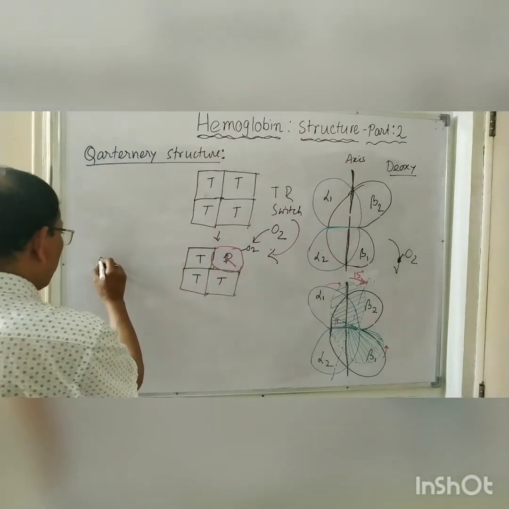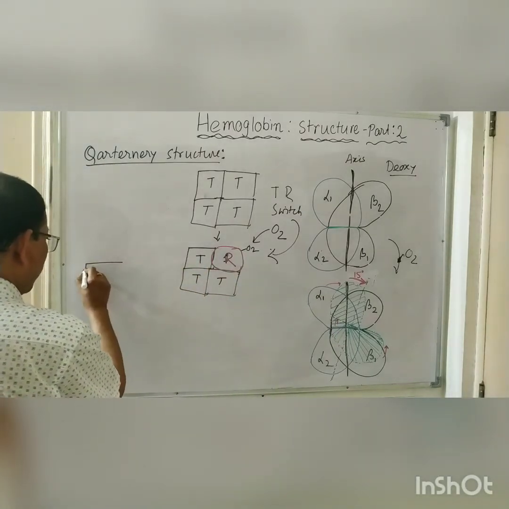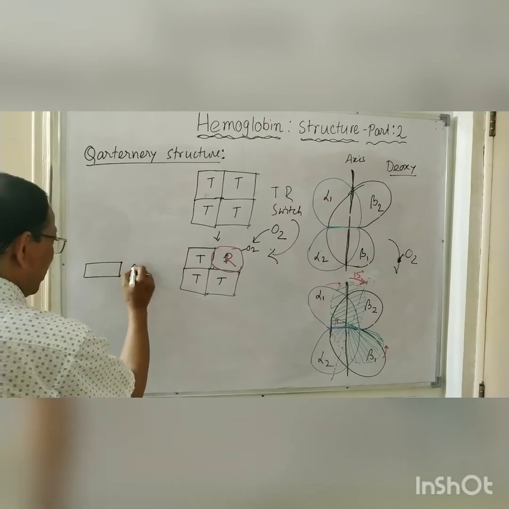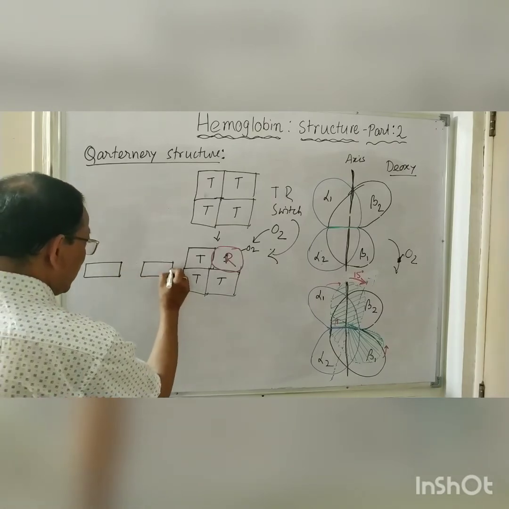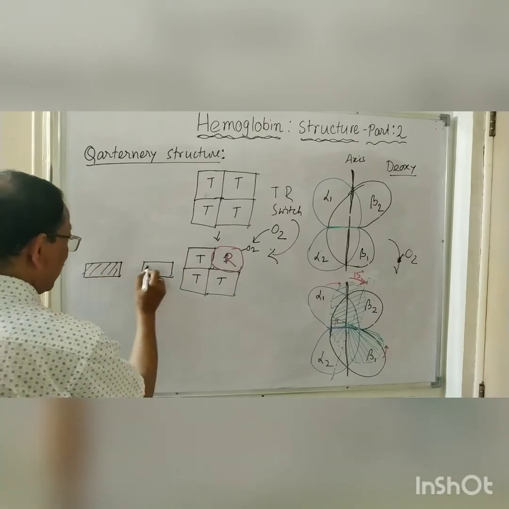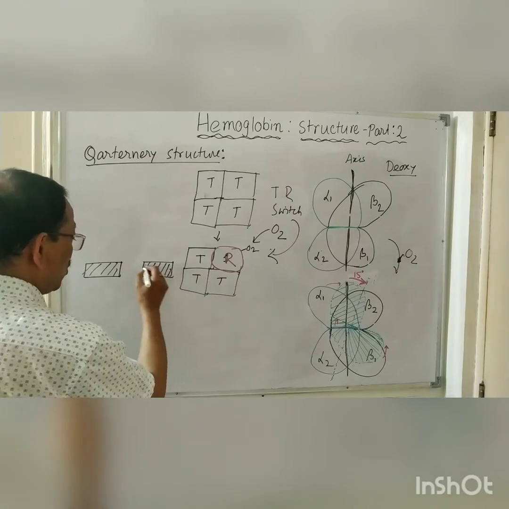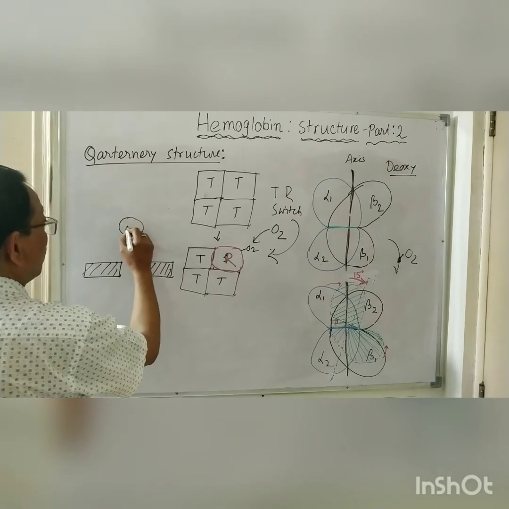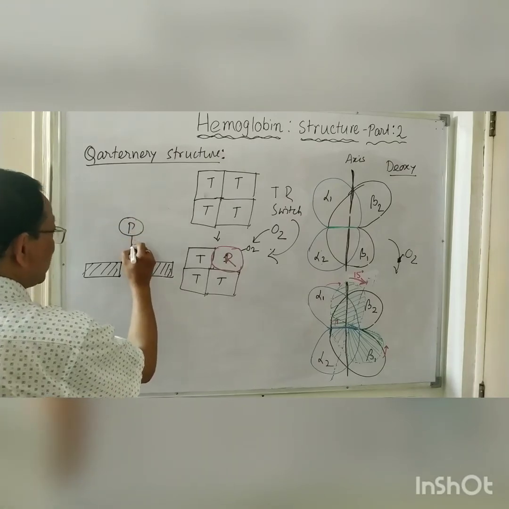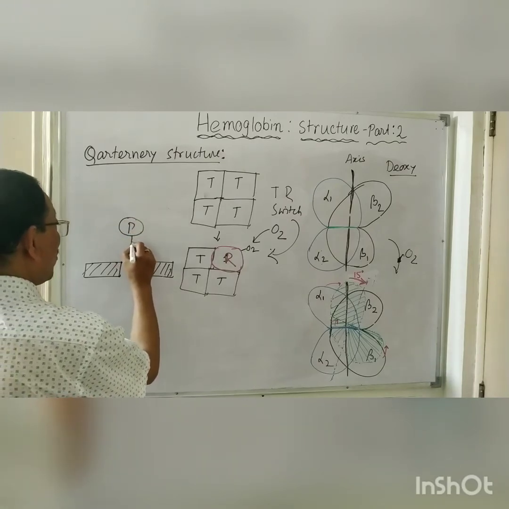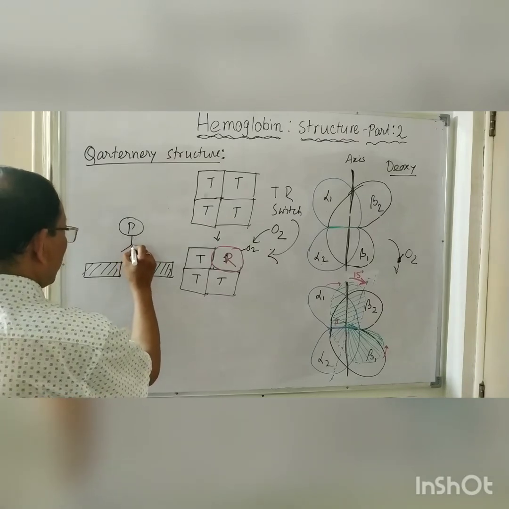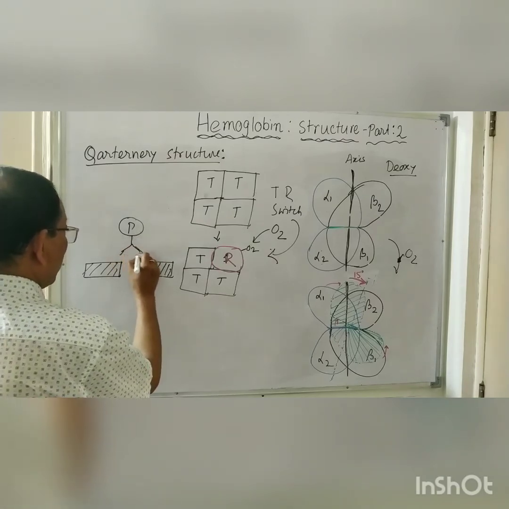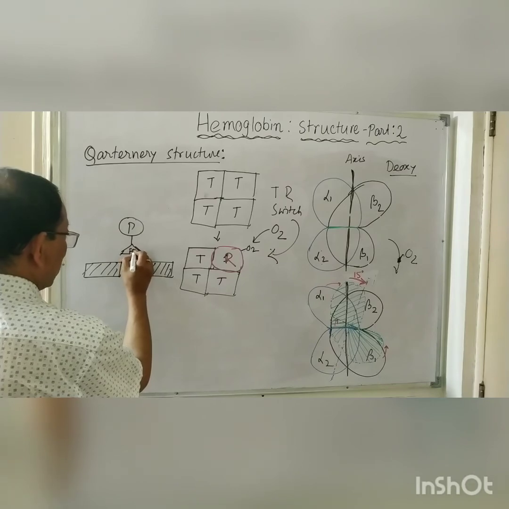If you can remember, in the deoxygenated state, this is the heme ring, the protoporphyrin ring on which the ferrous ion is attached.